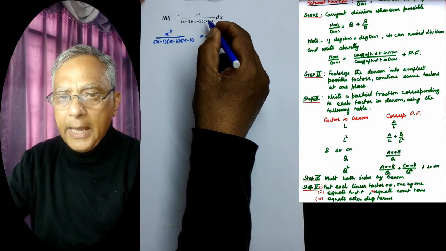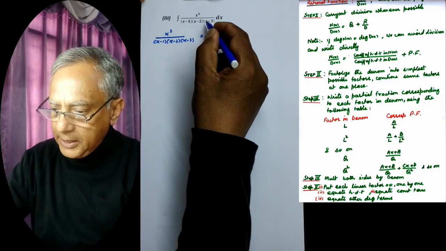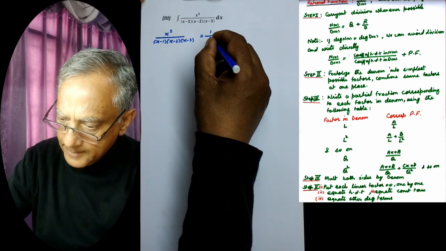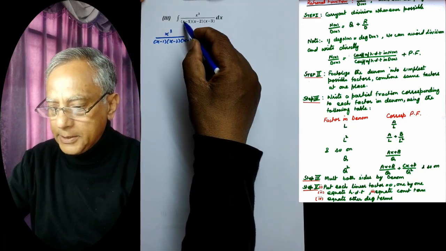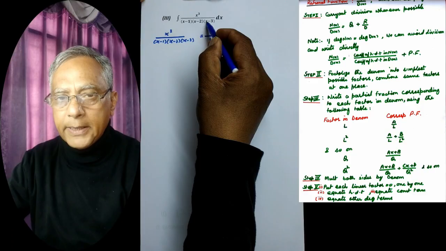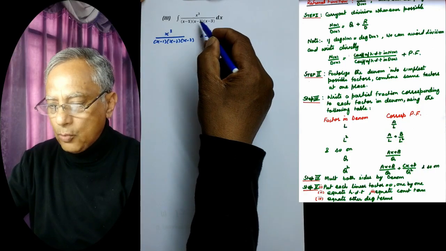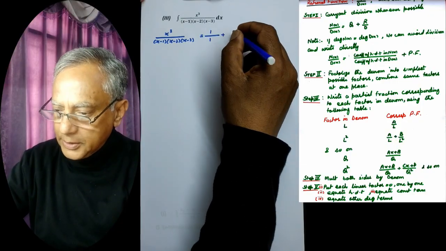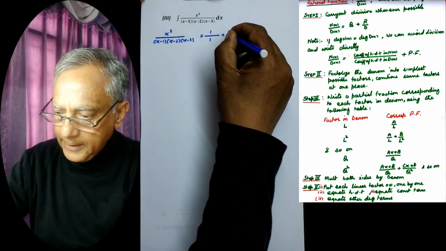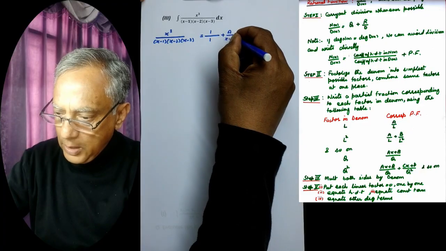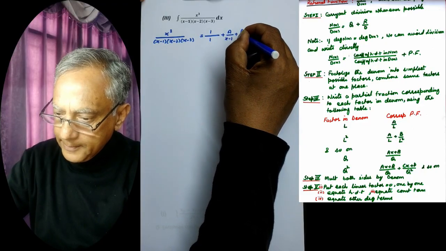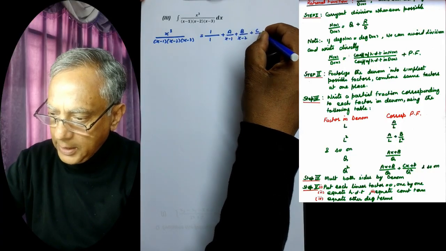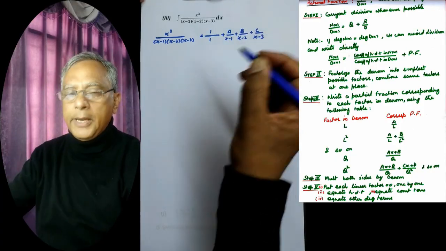Here we will get x cube. So coefficient of highest degree term will be 1 into 1 into 1. So this will be 1. Quotient of highest degree term in this bracket into this bracket into this bracket. It is a cubic. So we will get 1 plus partial fraction, that is a over x minus 1 plus b over x minus 2 plus c over x minus 3.